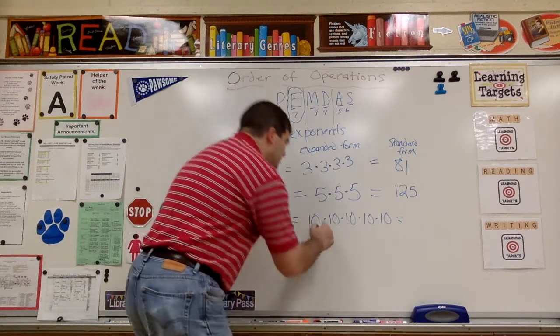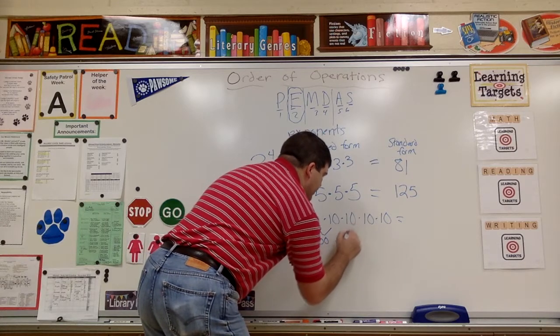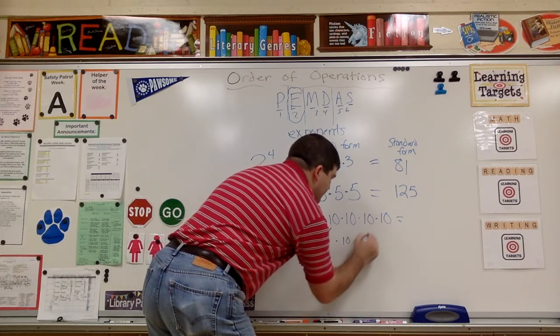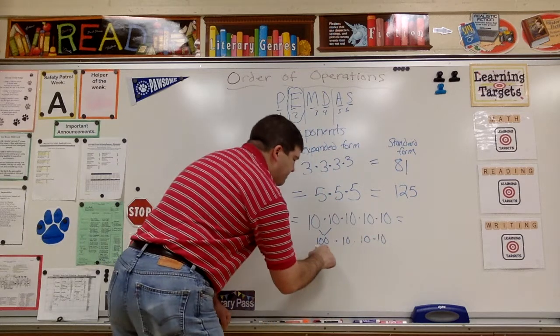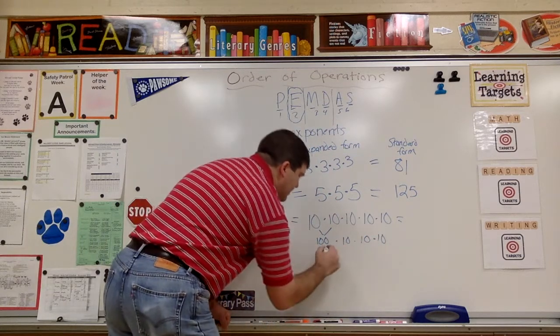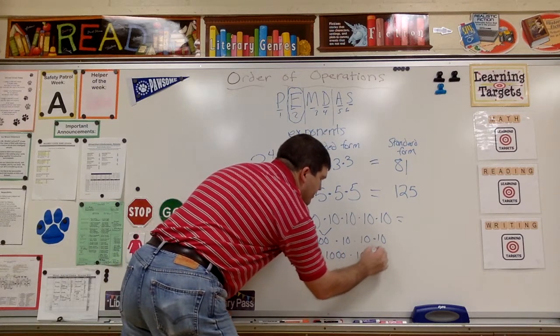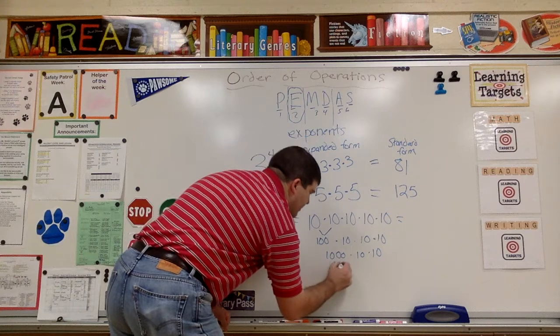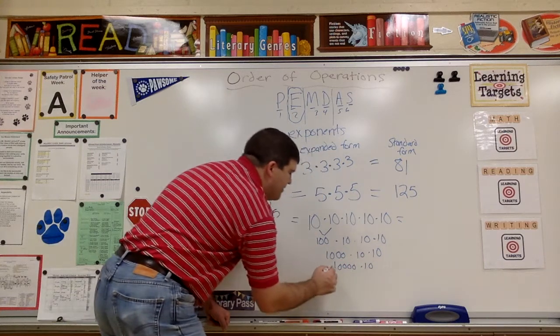Good. So now I do 10 times 10 is 100, times this 10, times this 10, times this 10. 100 times 10 is 1,000, times 10, times 10. I'll do it again. Now I have 10,000 times 10.